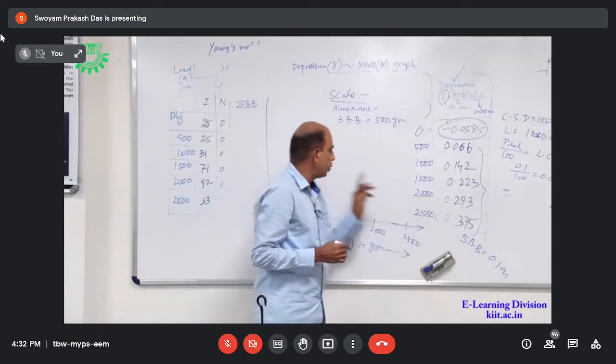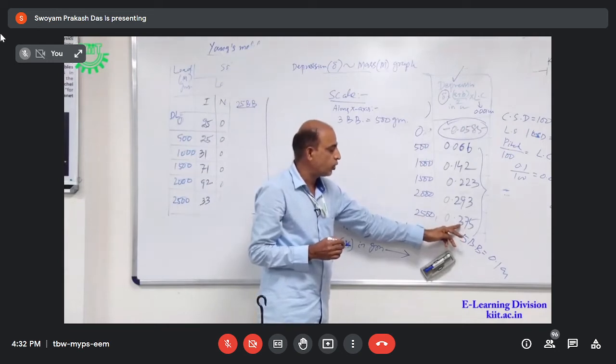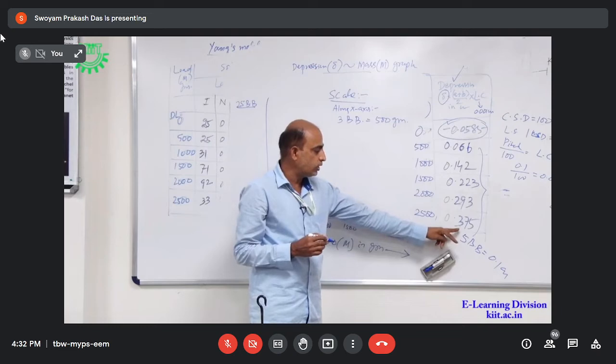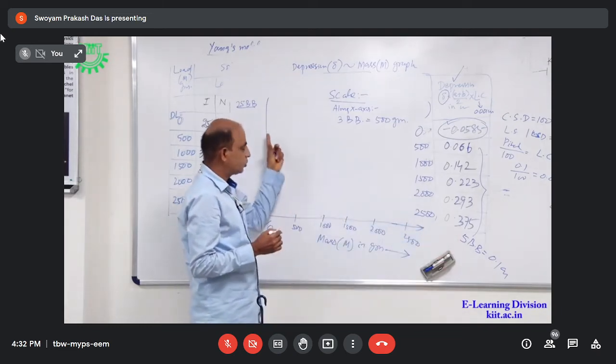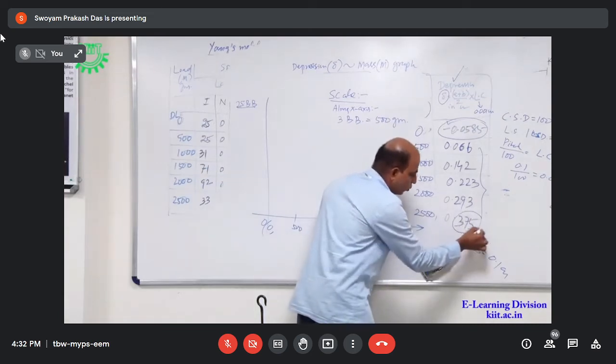That is 0.1, 0.2, 0.3, 0.4, 0.5. The maximum is 0.4, because 0.375 is the maximum value. So by considering this maximum value, we will calibrate the y-axis.